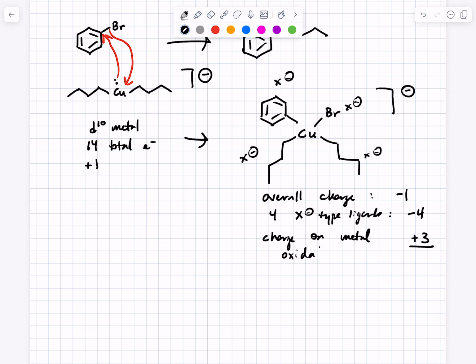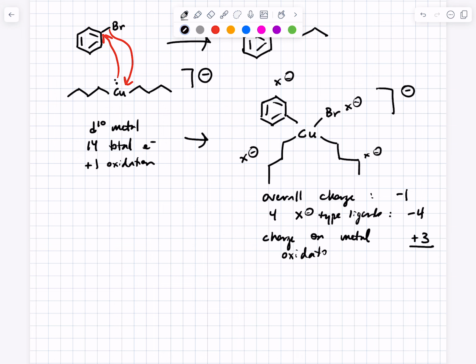The oxidation state, it's -1, subtract -4, that's how you get +3. The oxidation state of the metal increased in this process because we took 2 d electrons that used to be on the metal, and then we used them to make a new metal ligand bond.